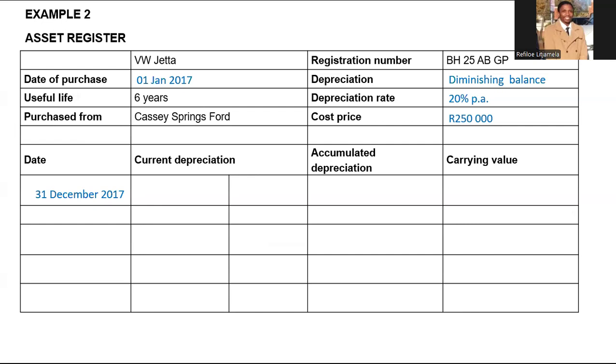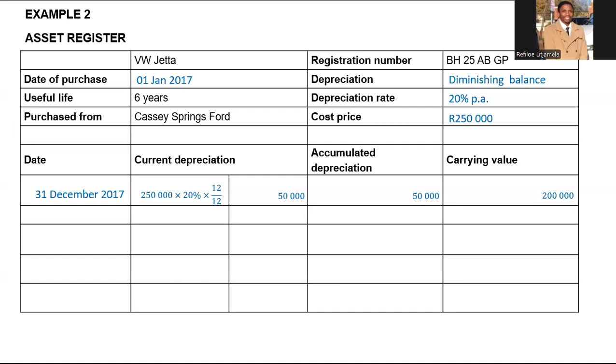So when I depreciate, I will take the 250 times 20% times 12 over 12, which will give us 50,000 rand. Accumulated depreciation in the first year will be the same as depreciation. Carrying value will be 250 minus 50,000, which gives us 200,000.